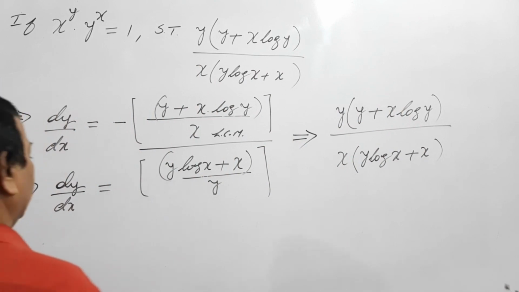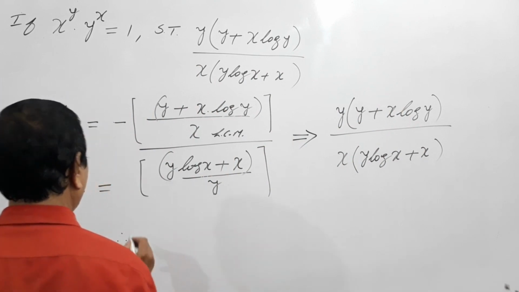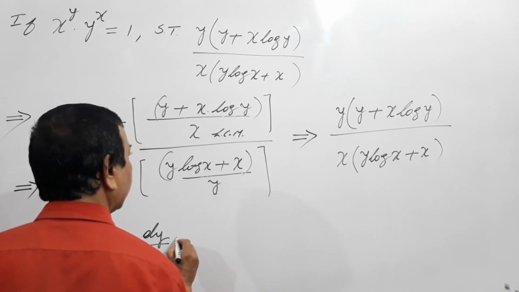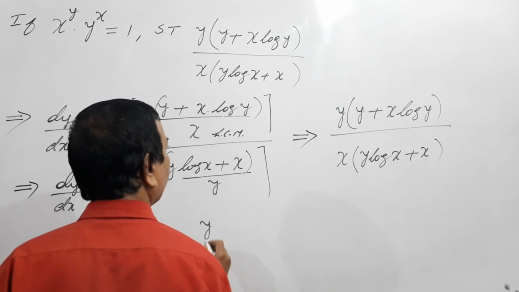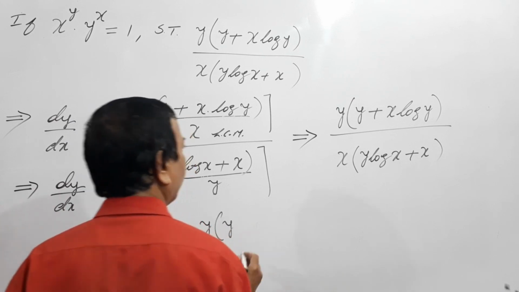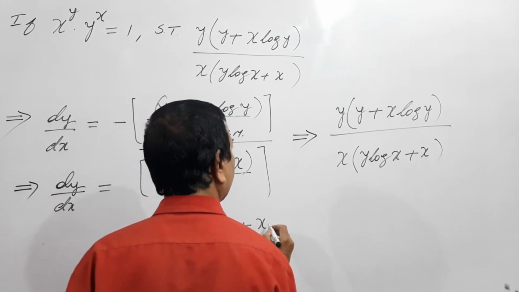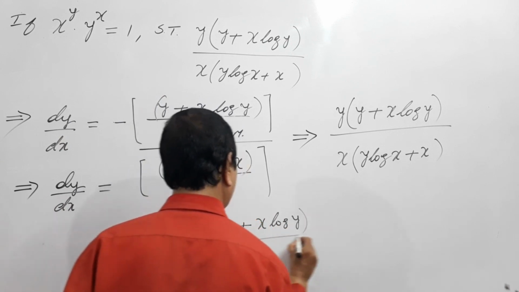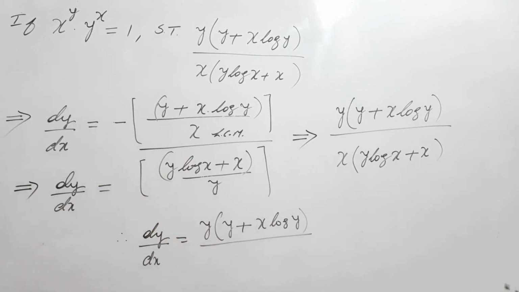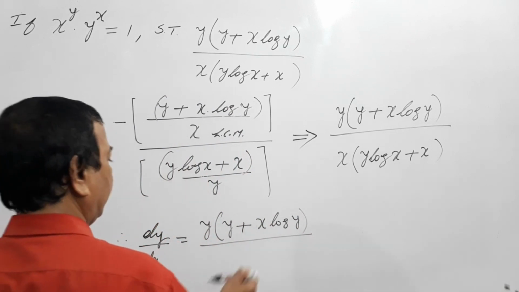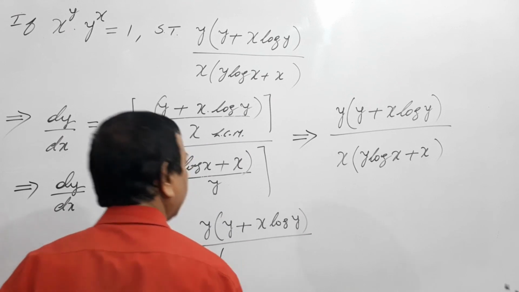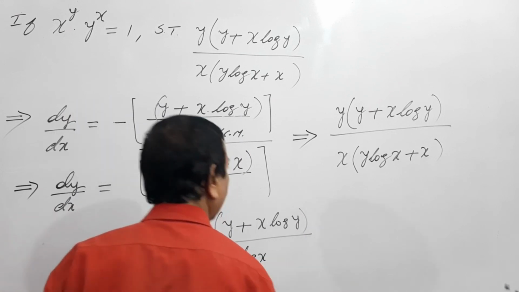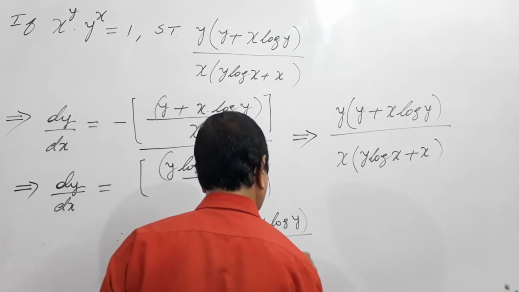Therefore dy by dx equals to y into y plus x log y divided by x into y log x plus x.